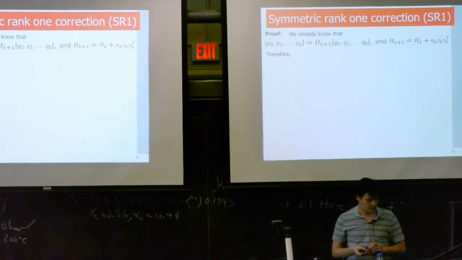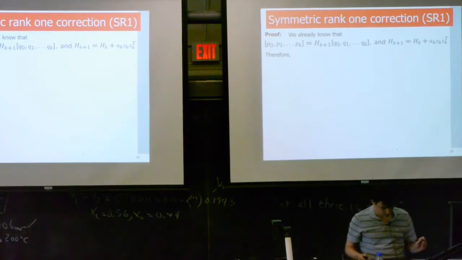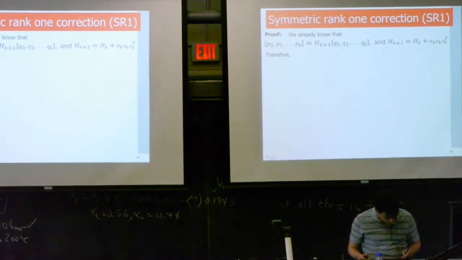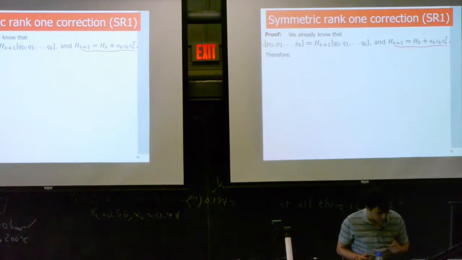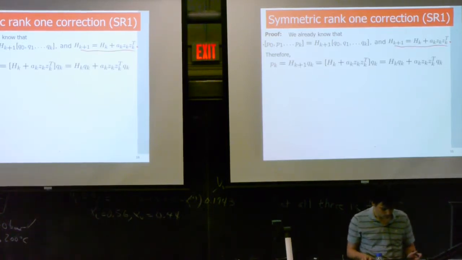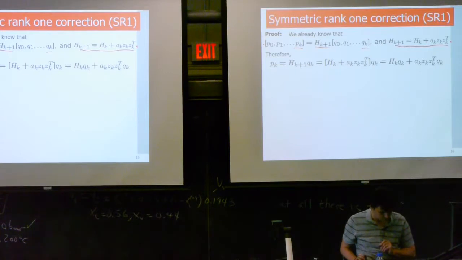Okay, let's prove this. So this is what we know, that we have this consistency property and we have this update for H. From this, of course, it follows that p_k is H_{k+1} times q_k. We know what H_{k+1} is, right?